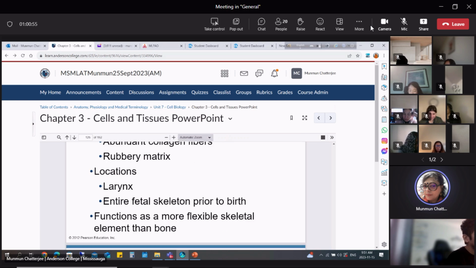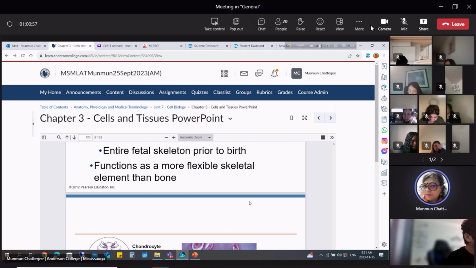So the fetal skeleton prior to birth functions as more flexible skeletal elements, skeletal tissue which forms the skeleton. Hyaline cartilage is also part of the skeletal system, but it is a softer and more flexible skeletal element than bone. Bone is harder, and is called osseous tissue.